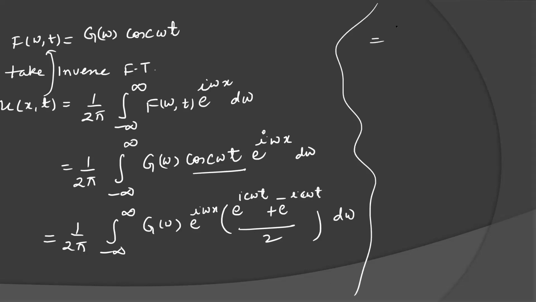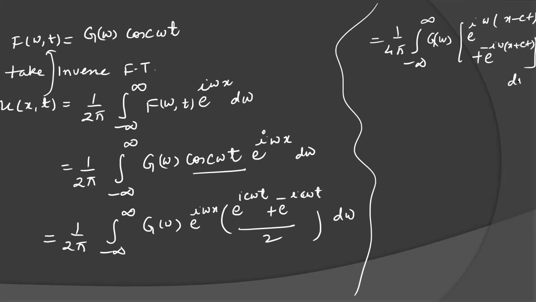Now it will be 1/4π ∫ from −∞ to ∞ g(ω) [e^{iω(x−ct)} + e^{-iω(x+ct)}] dω. See carefully, e^{iω} I can take common, it will be x minus ct, plus e to the power, if we take minus iω common, it will be x plus ct, dω.